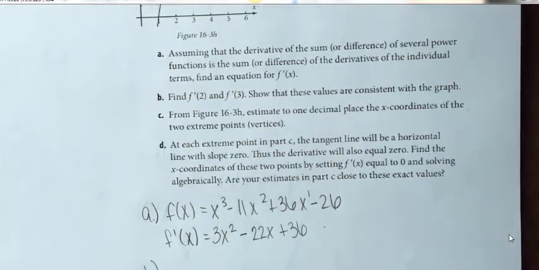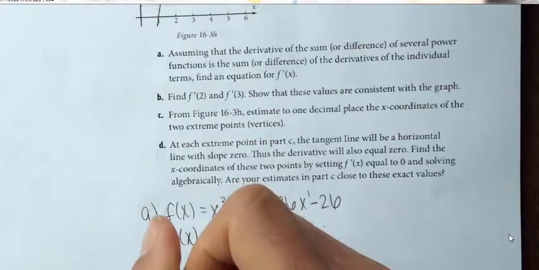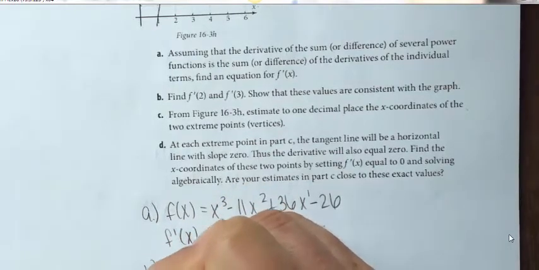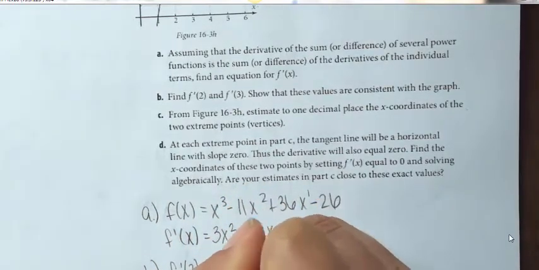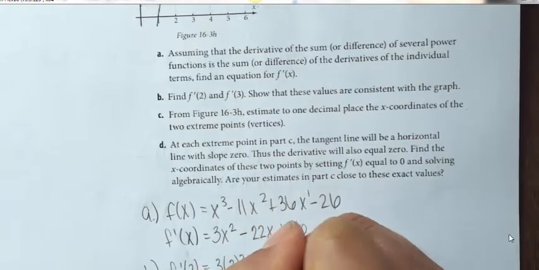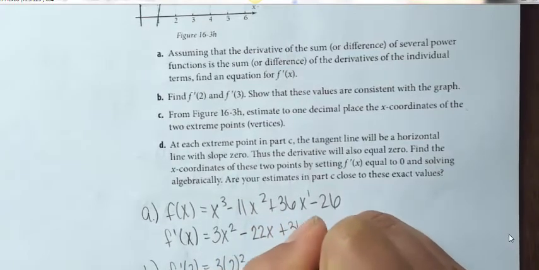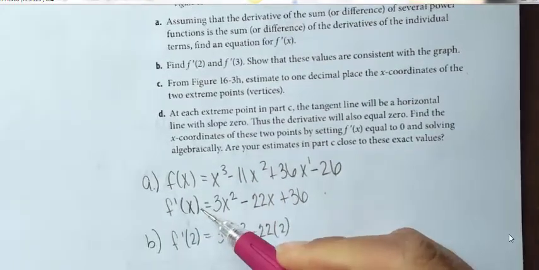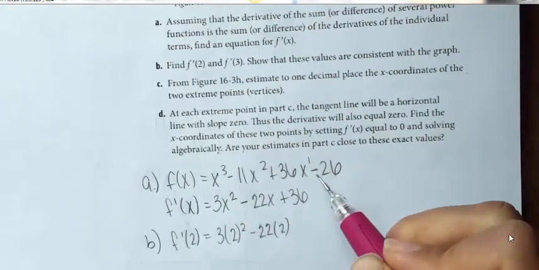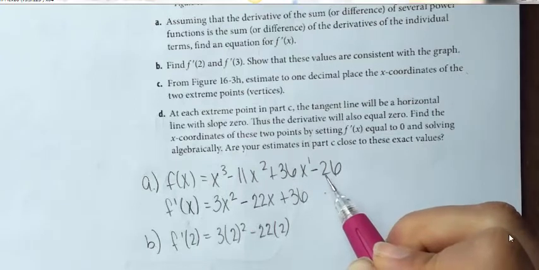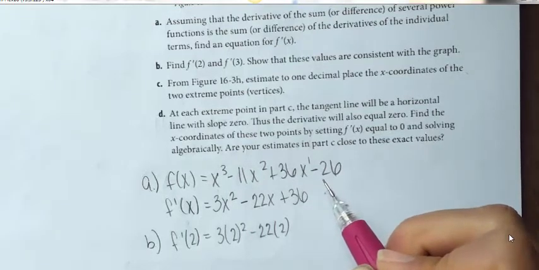B. Find f prime of 2 and f prime of 3. Okay, let's do that first. So f prime of 2. I basically just take this and plug 2 into it. You have to find the derivative first, because if you plug 2 in first, you're just going to have a constant right here, and when you take the derivative of that, that's just going to be 0.